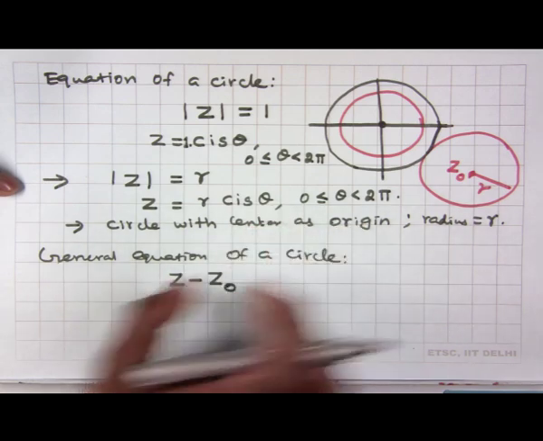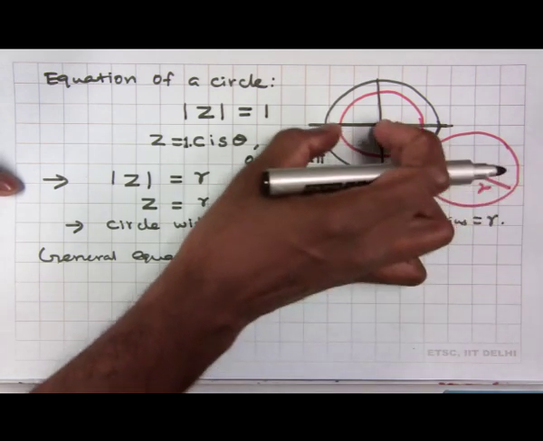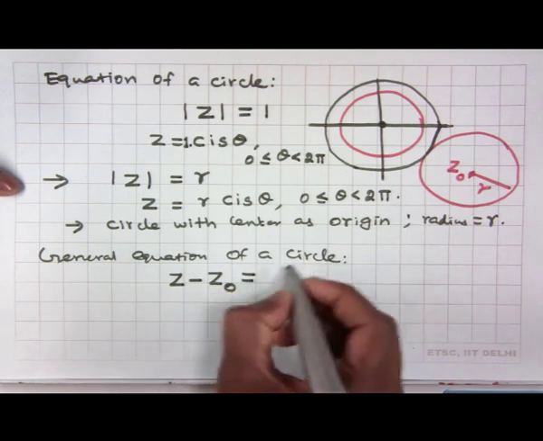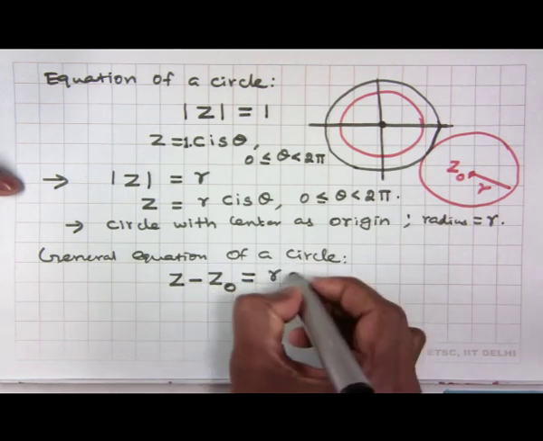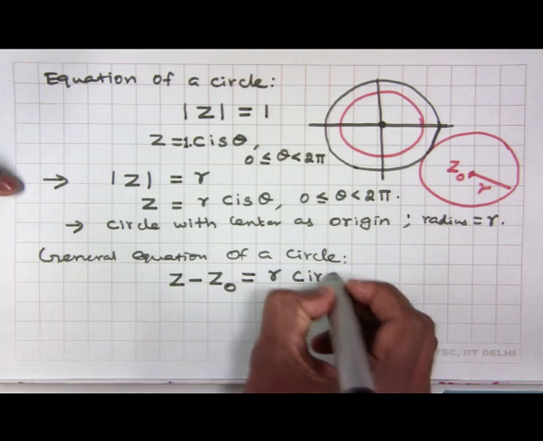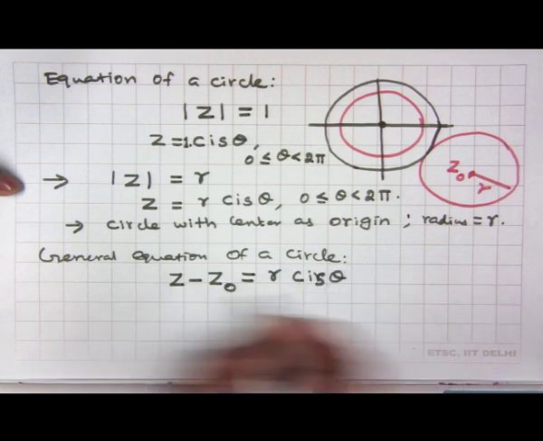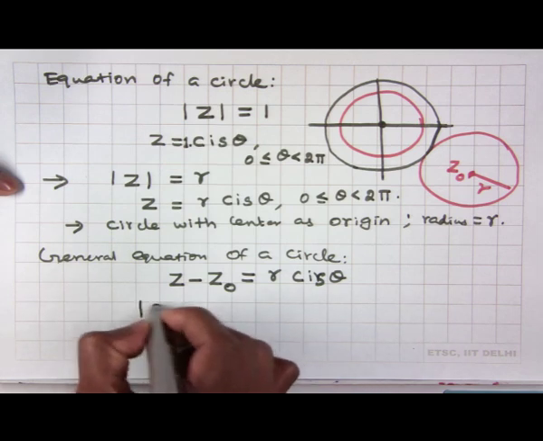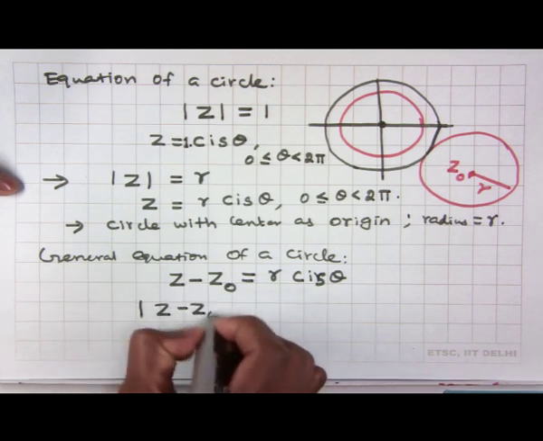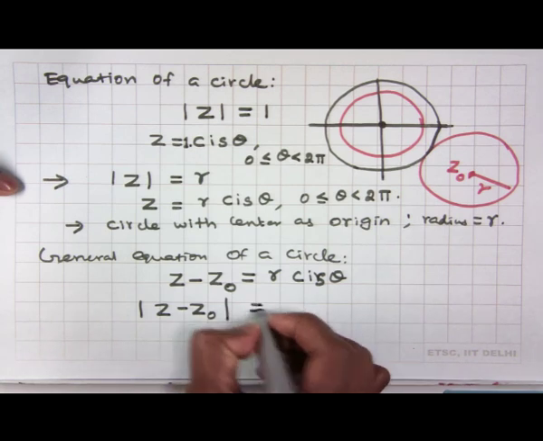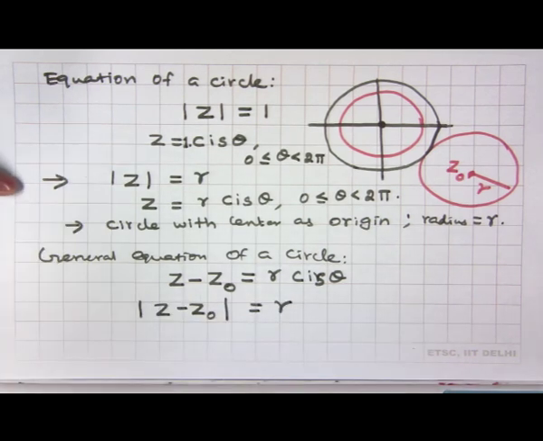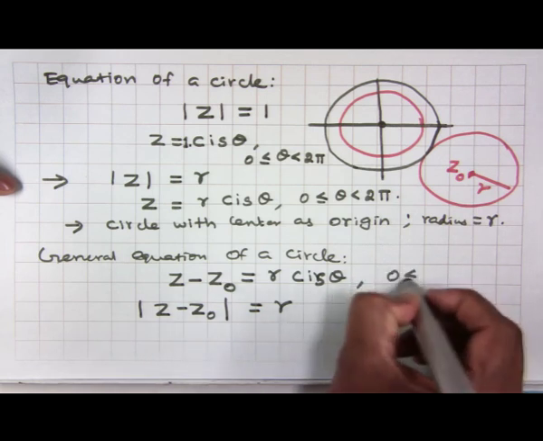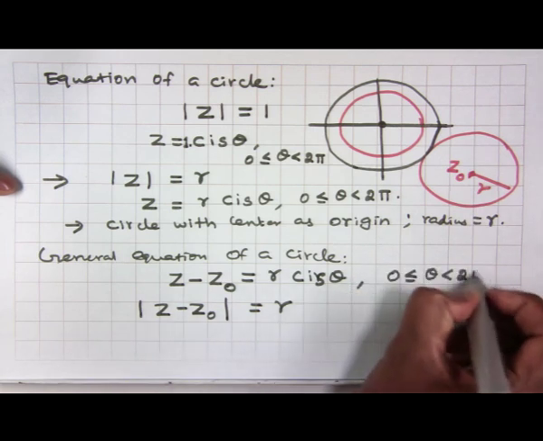Now, I have shifted my circle to the origin by z naught. Now, this circle is parameterized by r cis theta, which is the same as saying that modulus of z minus z naught is r. Here theta is from 0 to 2 pi.